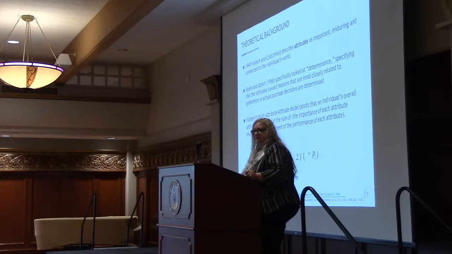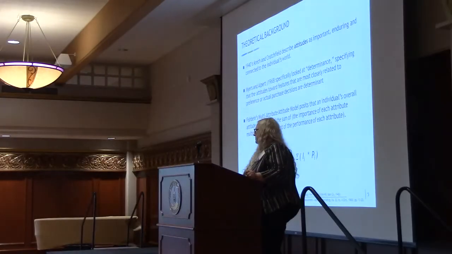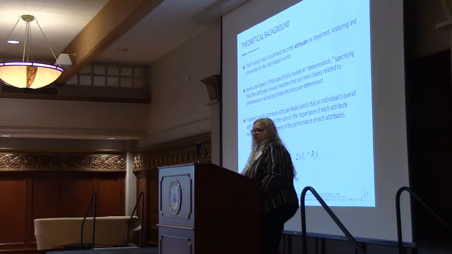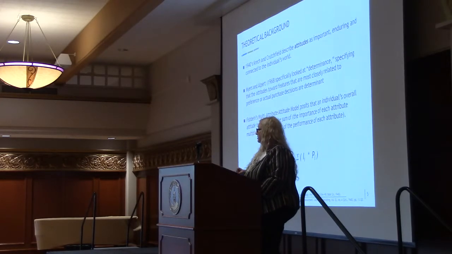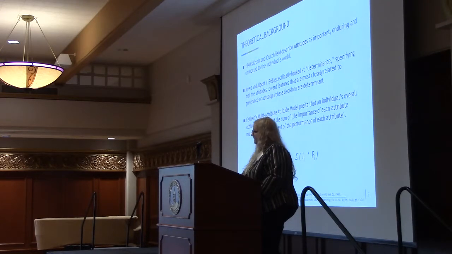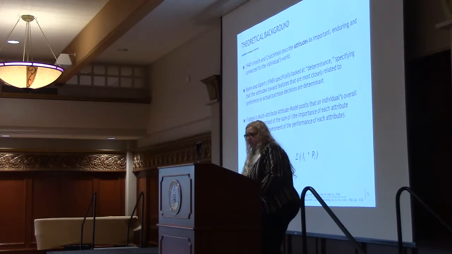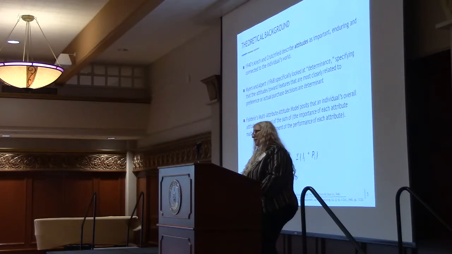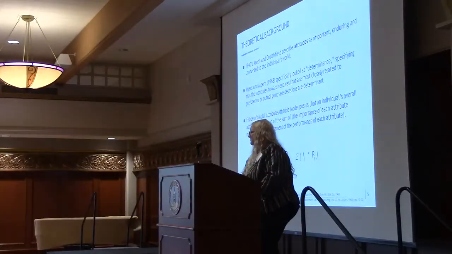Myers and Alpert said, well, that's kind of interesting, but what does that have to do with managerial decisions? How do we know which ones are important? They said it's important to make sure that the features we're looking at are the ones that are actually closely related to whatever decision the customer makes. And then finally we have Fishbein's multi-attribute attitude toward an object model. How many of you studied that before in some of your classes?